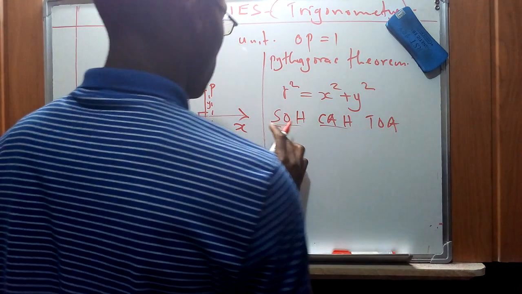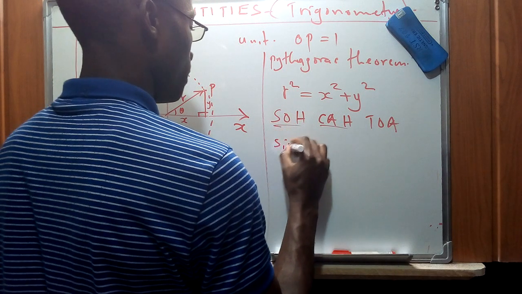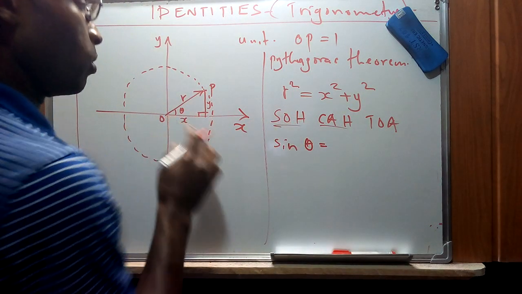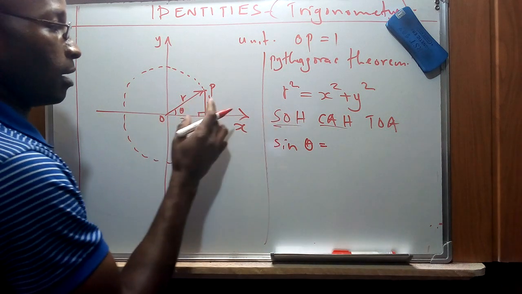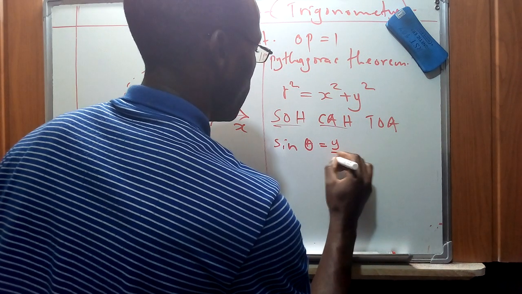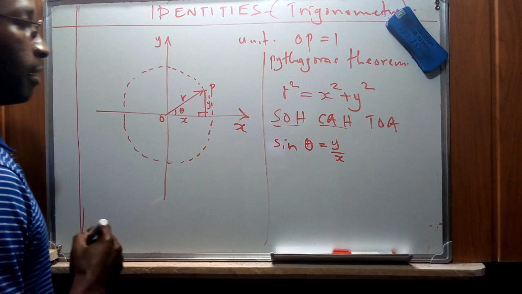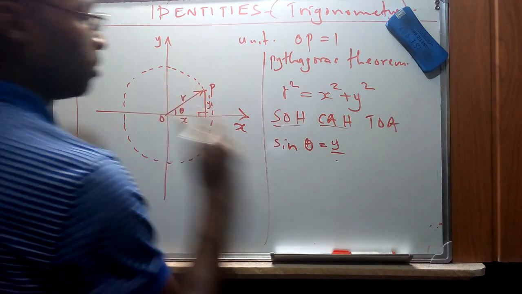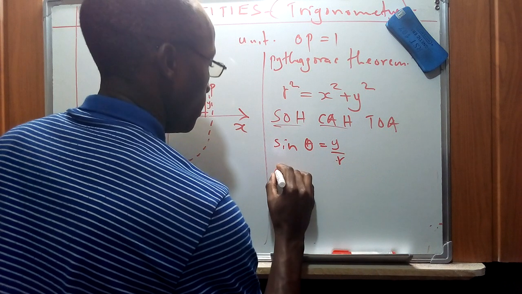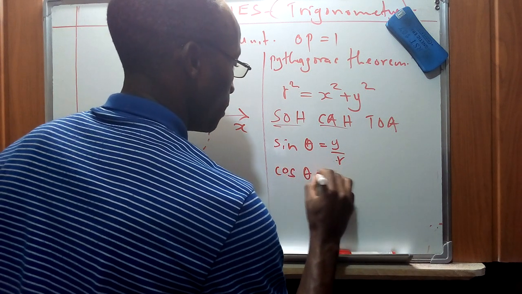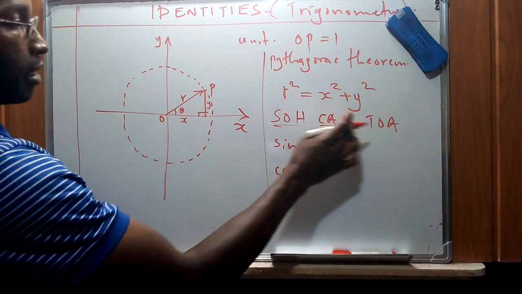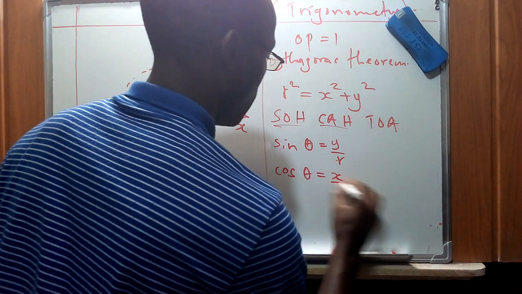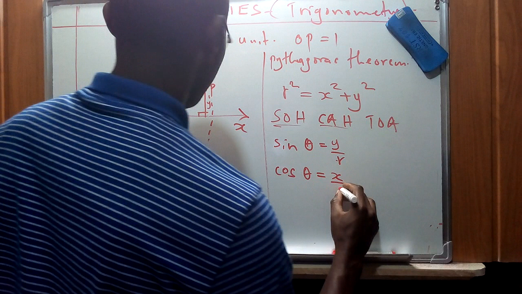We said that the sine of theta can be given as opposite over hypotenuse. The opposite in reference to this angle is y, and the hypotenuse is r, whereas the cosine of theta can be represented as adjacent over the hypotenuse, which is x over r.